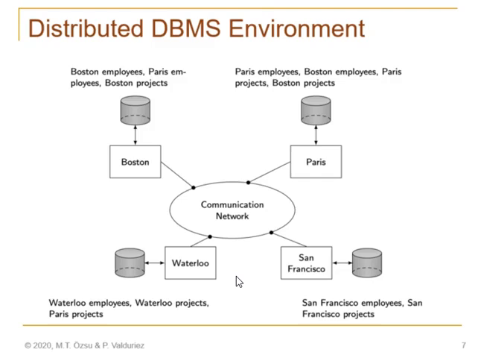So for some reason we decided maybe it's a very large database. A section of that database is going to be maintained in Boston and another section is going to be maintained in Paris. Similarly, the diagram just indicates what sections of the database will be stored in all those 4 different sites.